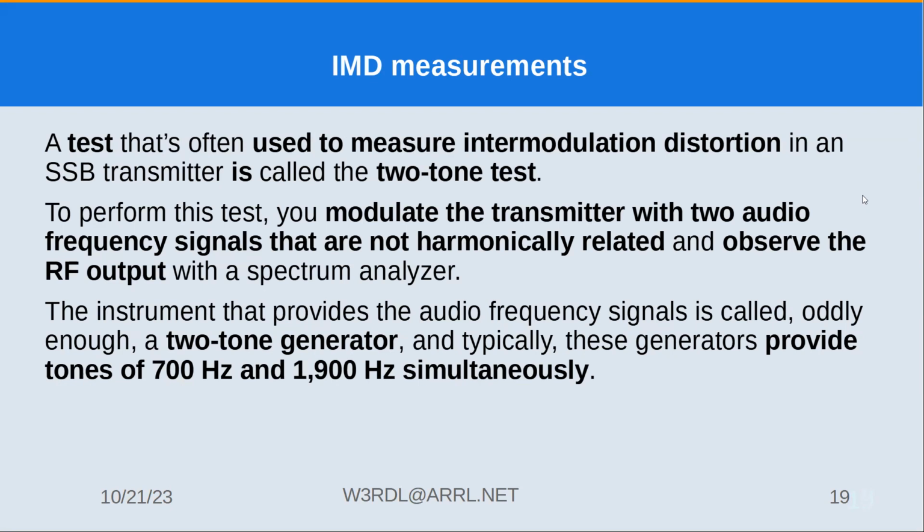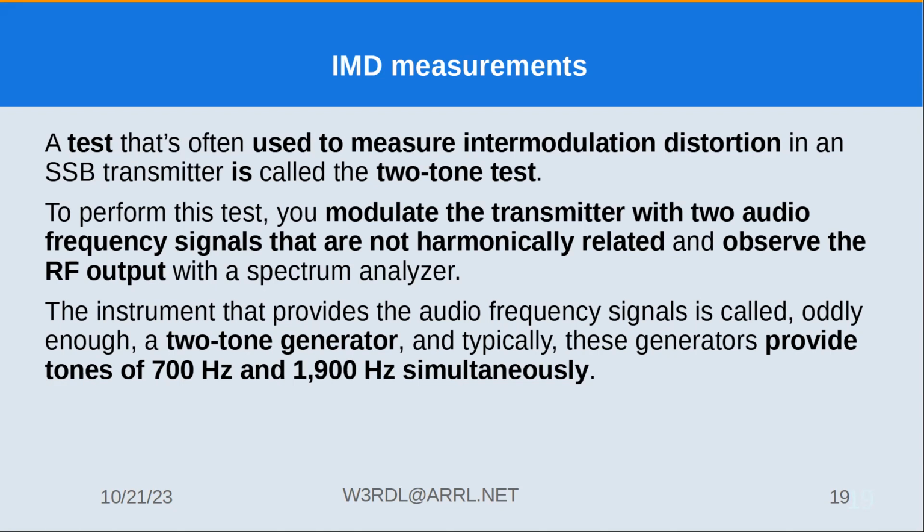Okay, intermodulation distortion. One of the tests, in fact the only one I've ever heard of, is called the two-tone test, where you use two audio tones, typically 700 hertz and 1900 hertz, but it can be any two tones that are not harmonically related. And the only other condition they don't mention here is they need to be very pure tones without any harmonics themselves, because it'll affect the readout.